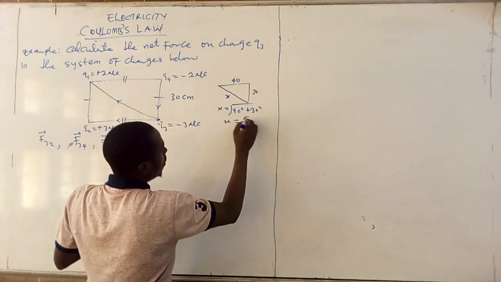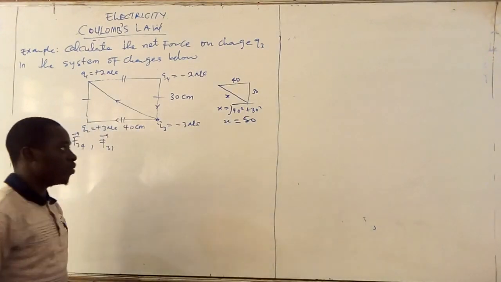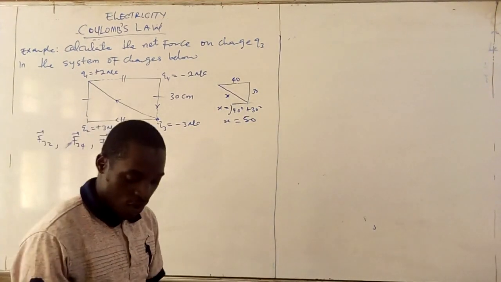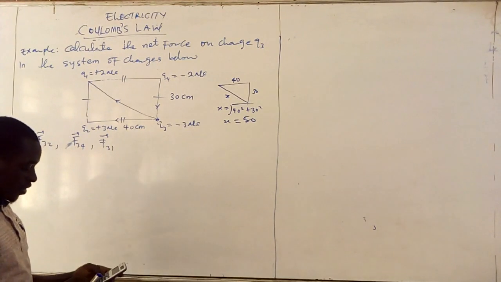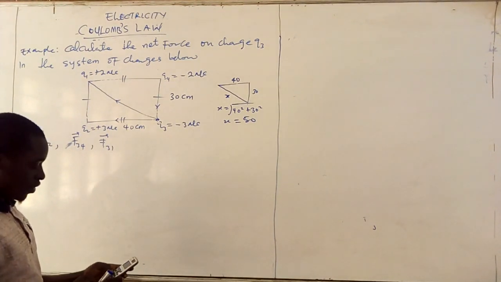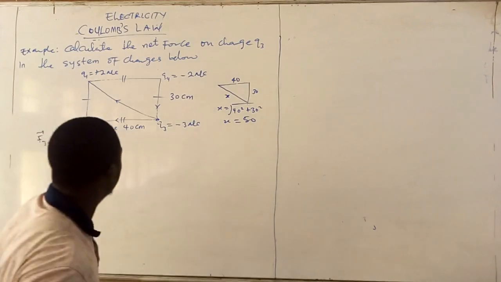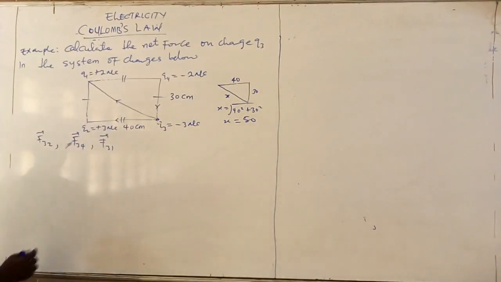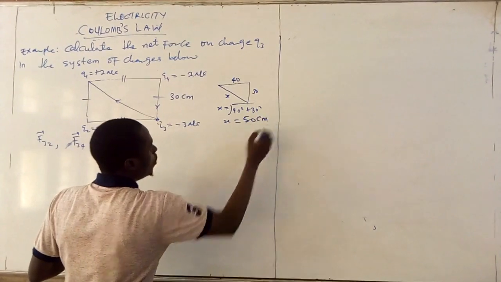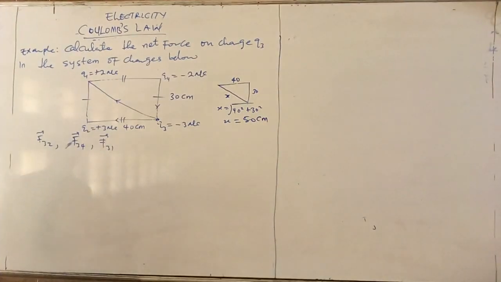This is what we call a Pythagorean triple: when we have 3 and 4, we get 5. Let me cross-check: 40 squared plus 30 squared gives 50. So this is 50 centimeter, and we need to convert it into meter.